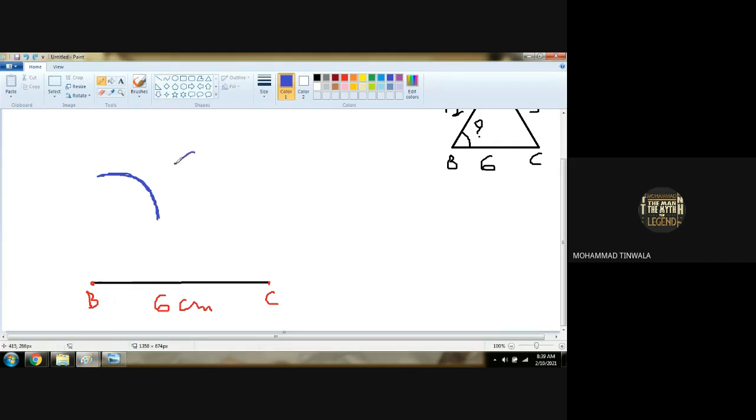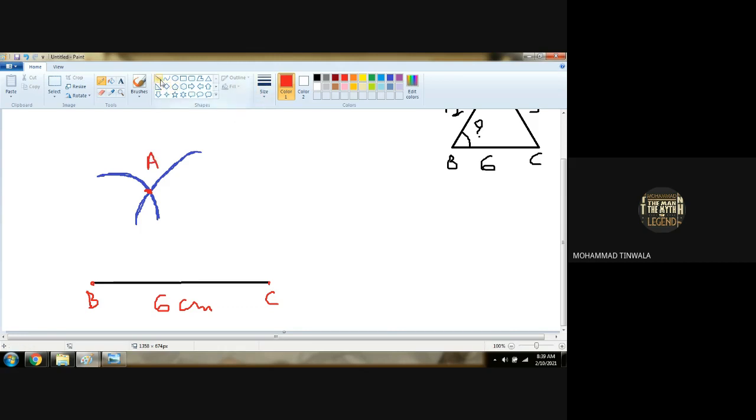If the measurement is accurate, it will intersect. Is that clear, girls? Make the arc bigger with the same measurement. So this point will be given as name A.